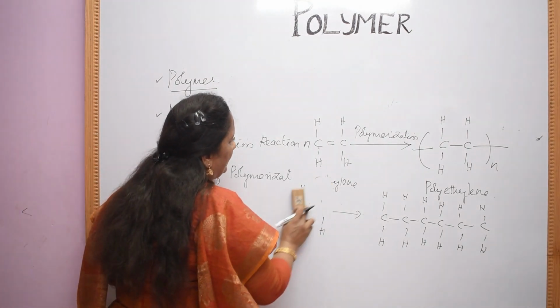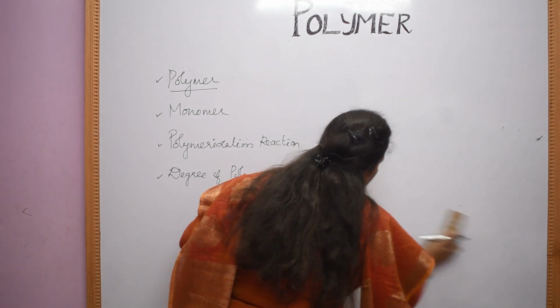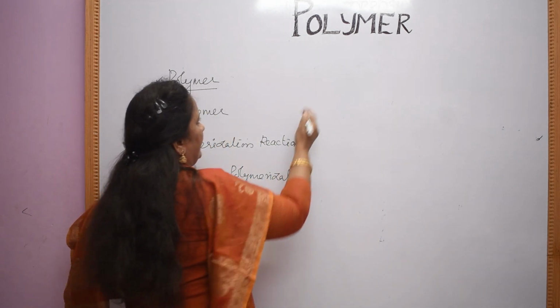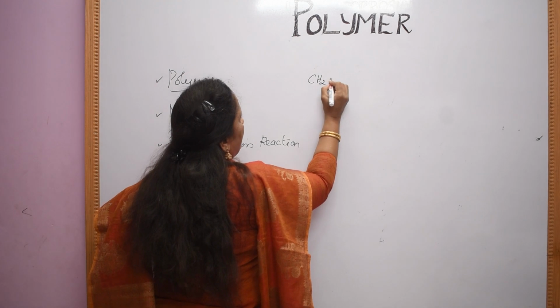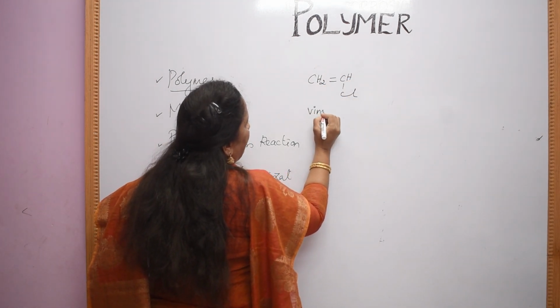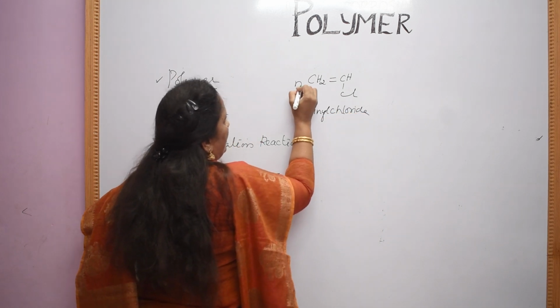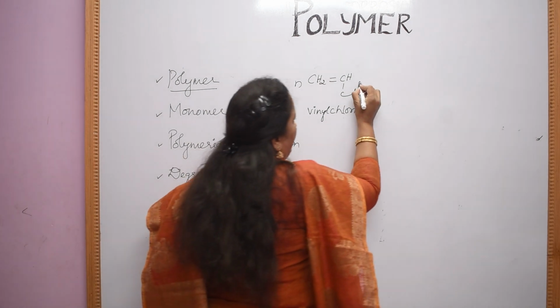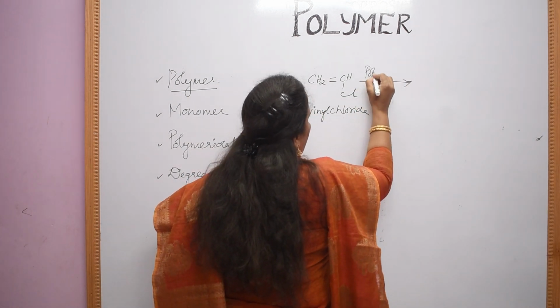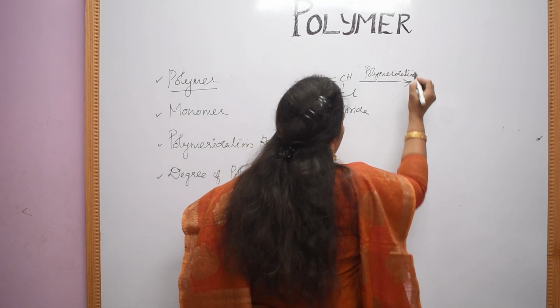Similarly, you can write the formation of polyvinyl chloride from vinyl chloride. So what is the structure of vinyl chloride? CH2=CHCl. This is the structure of vinyl chloride, and n number of vinyl chloride molecules combine, or undergo polymerization, to form polyvinyl chloride.